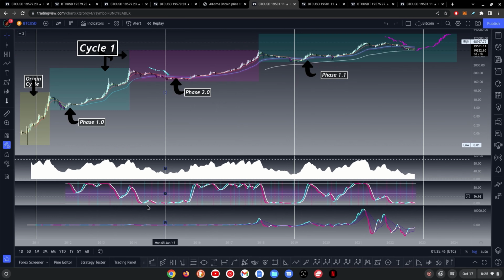To go ahead and point out the stock RSI here on this chart, you can see we need to reclaim this upper range to hold a bullish sentiment. Once we start to enter this lower range, we enter our bear market. Once we pop our heads back up to the upper range, as you can see in comparison to the price for this 2015 bull market, we carried a bullish sentiment all the way out into our high in 2018, reclaimed the bottom area, and then we did the same thing right here.